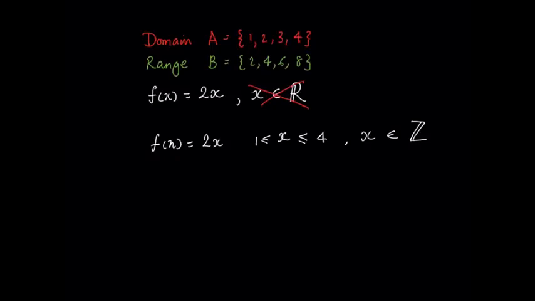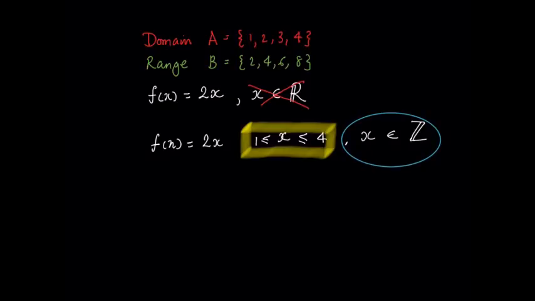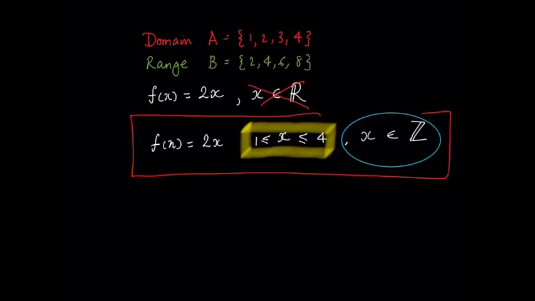So we're applying f of x to the domain which contains the set of values 1, 2, 3 and 4, which is defined exactly by this inequality here. And we also know that x is an integer, so it can only take values of 1, 2, 3 and 4. So with this information here, that's going to precisely recreate the range that we want of the values 2, 4, 6 and 8.